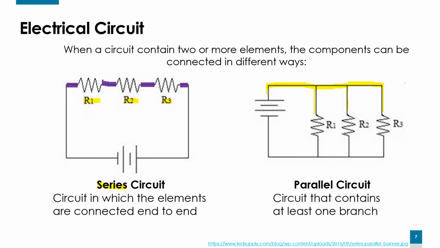So they are not connected in series, they are connected in parallel. And they have different nodes. I'm going to talk about nodes soon, but they are connected to different nodes. So these two nodes here, these two here, this one here, and this one here. In the series, I have just two nodes that are common to all of them. That's why they are in series.